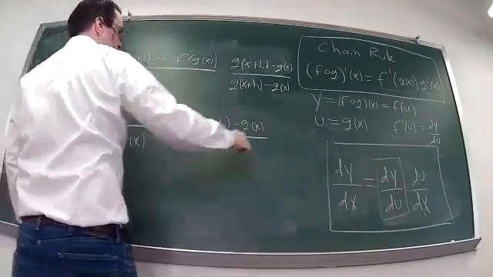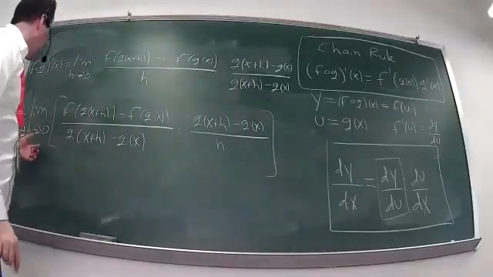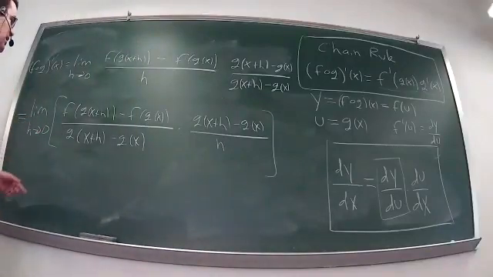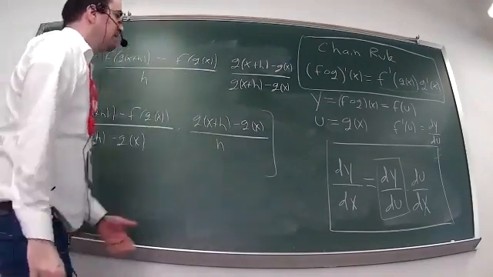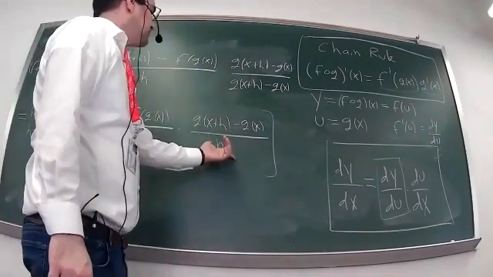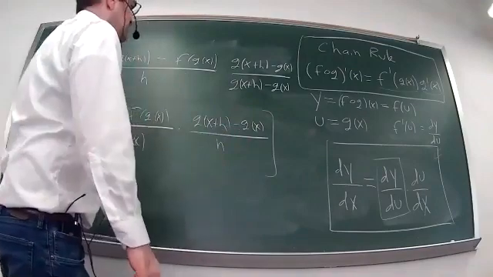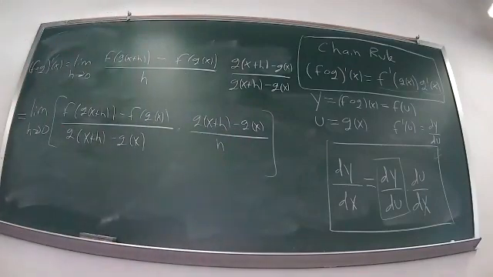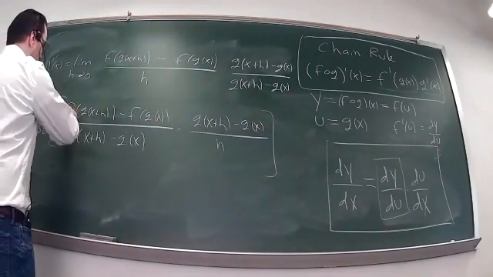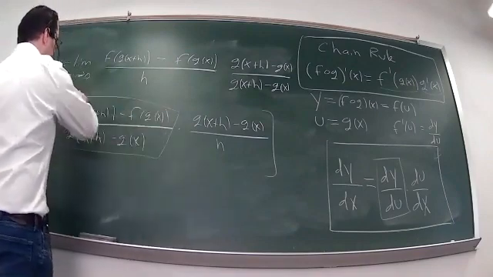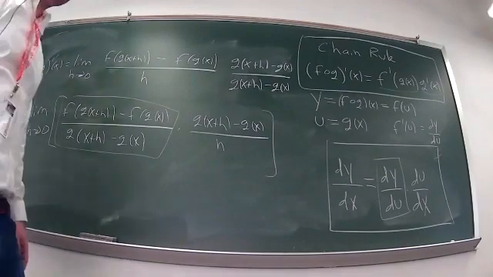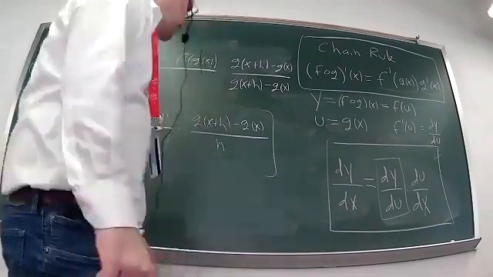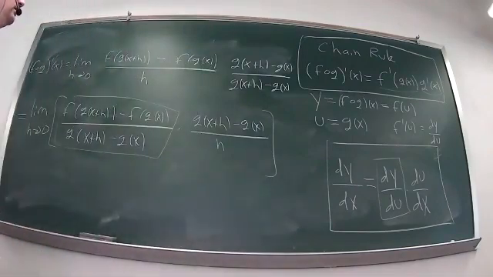So limit as h goes to 0 of this entire thing. And the limit law is going to let you break it up as limit of this times limit of that. And this limit is definitely g prime of x. That's the definition of g prime of x. Whereas this limit, we need to work and try to show that that's equal to f prime of g of x. And so, like, how can we do that?